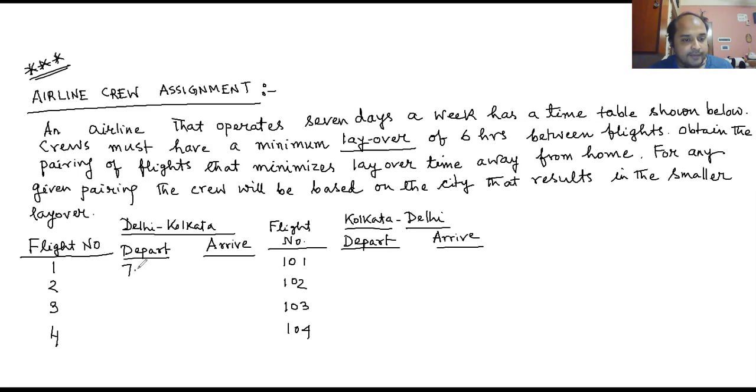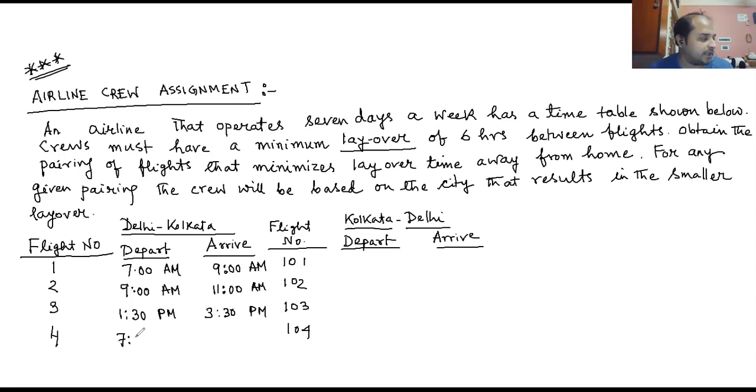I'm going to write the times now. 7 a.m. and 9 a.m. Here we have 9 a.m. and 11 a.m. Then we have 1:30 p.m. and 3:30 p.m. Be ready with your calculator, students.